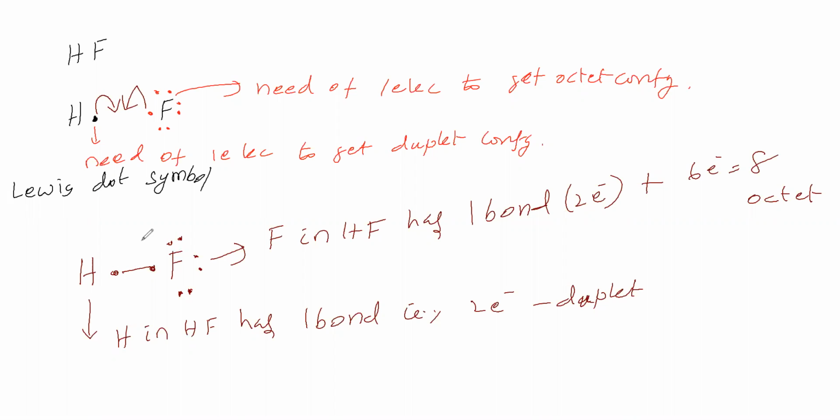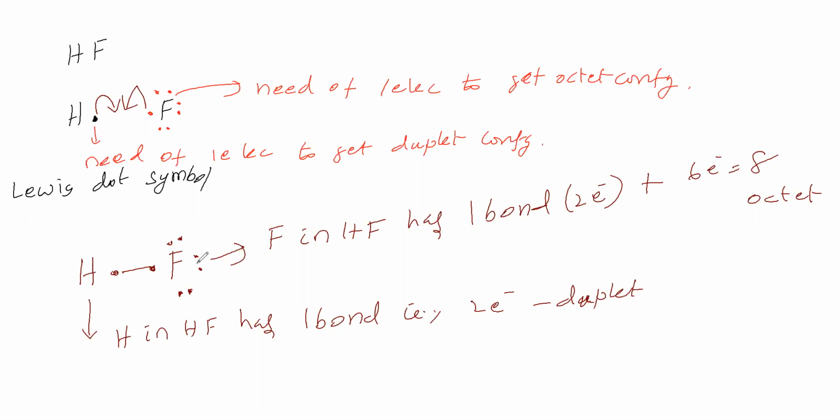Covalent bond means sharing of electrons. When will sharing be possible? When both are in need. When all the atoms are in need of electrons, they will go for sharing. Suppose one has excess and one is deficient, then one will donate and one will accept. But when both are in need, nothing will donate, nothing will accept.